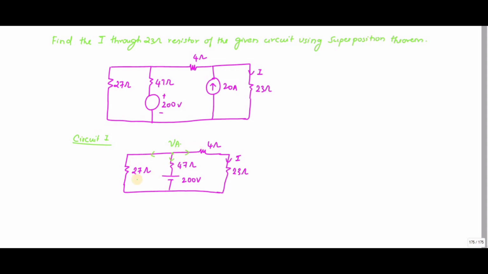So to find the current at this point: VA minus 0 divided by 27 ohm, plus VA minus 200 divided by 47 ohm, plus VA divided by 27, is equal to 0. So we get 2VA by 27 plus (VA minus 200) divided by 47 is equal to 0.